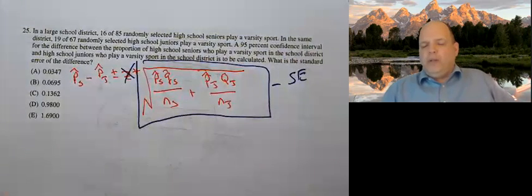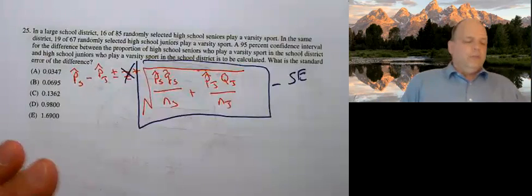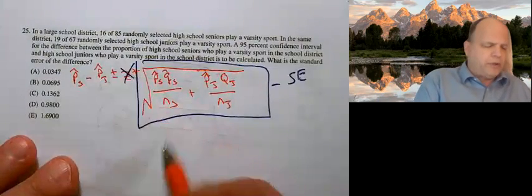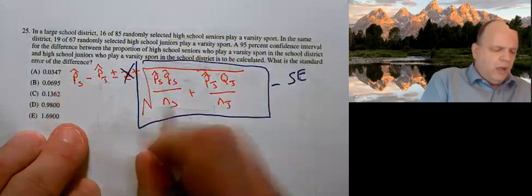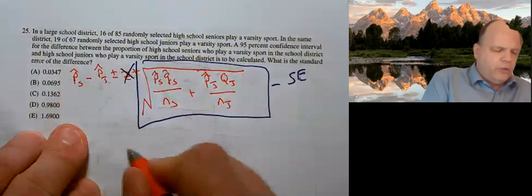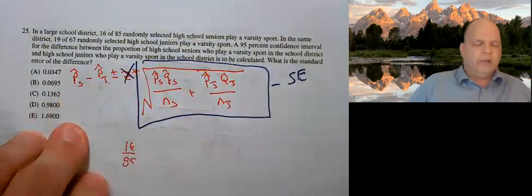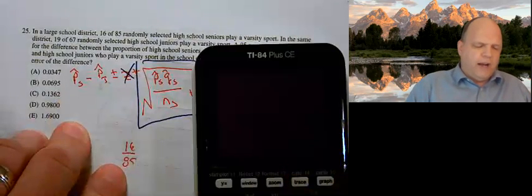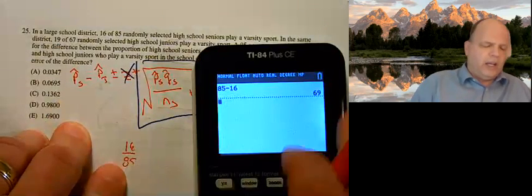All right, this is a little bit of an ugly problem to do. So we're going to go ahead and do this, but it's going to be a little bit trashy. So first off, our proportion of seniors is 16 out of 85. Well, if I take 85 and I subtract 16, I end up getting 69.